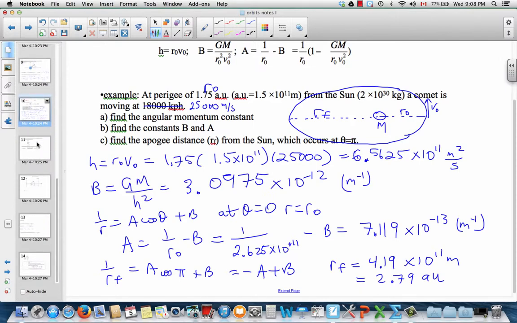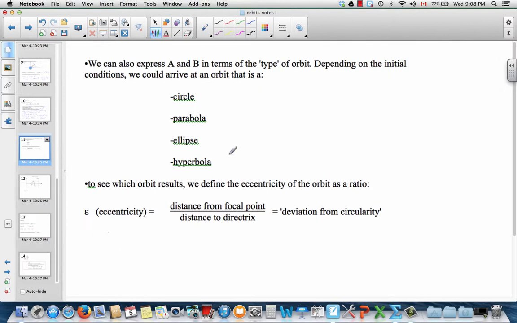Now, where we go next with this is we want to express A and B, learn something about A and B in terms of the type of orbit, because we've said there are these 4 types of orbit. And in order to do that, we're going to introduce a parameter known as the eccentricity. The eccentricity will be a Greek letter epsilon, and we'll define it in terms of, these are some conic section terminology, the distance from the focal point to the curve divided by the distance to the directrix from the curve.